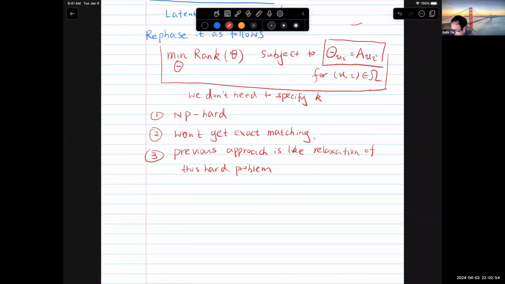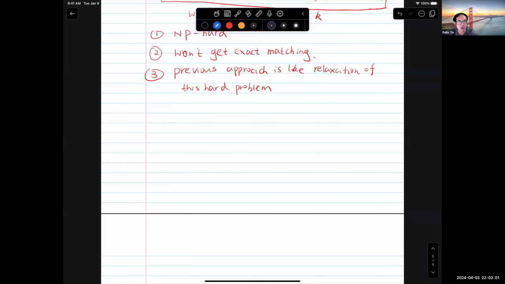This is actually very, very hard, so basically we cannot solve it. Can we find another way to relax this problem and hopefully make things a little bit easier, or maybe come up with a different penalty to help it out?